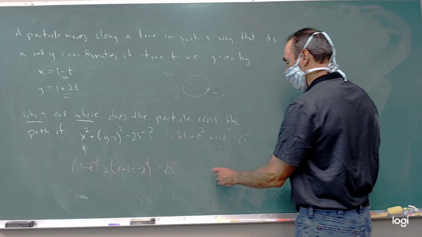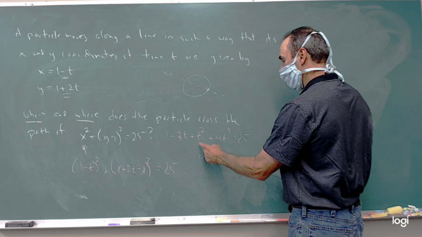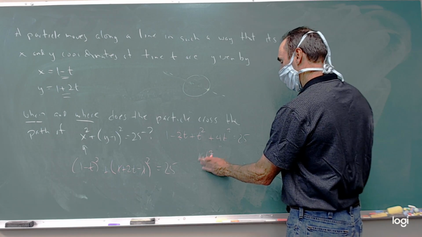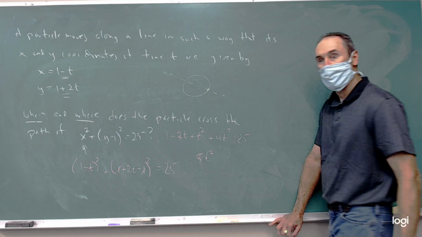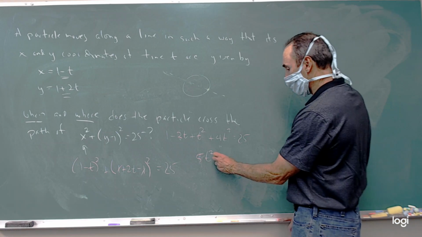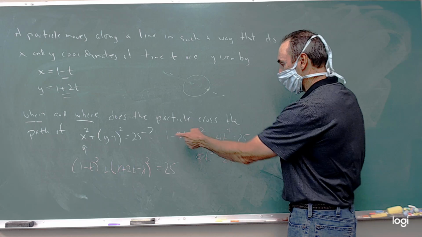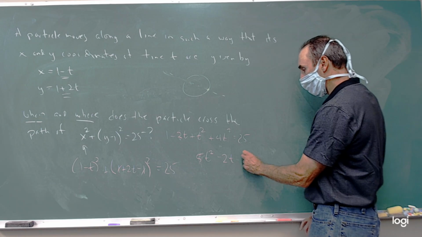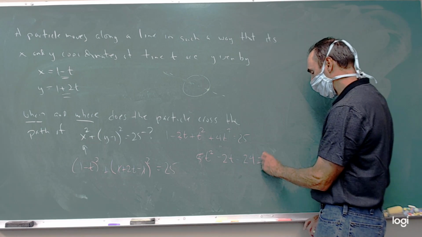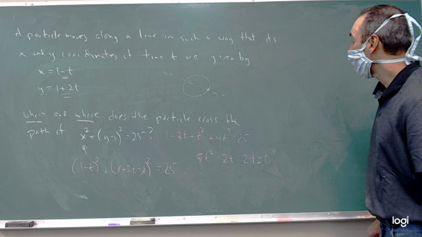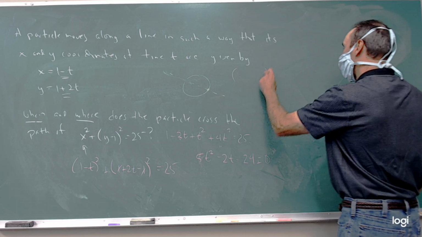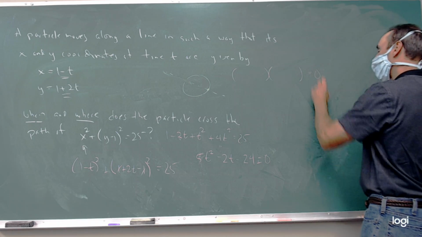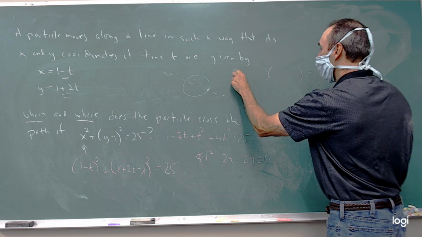Okay, so we've got the 4t squared, that's a keeper. We've got 5t squared actually. And then we've got the minus 2t. Subtract the 25 from the 1, I think that makes it minus 24. I bet that thing factors in this carefully constructed problem. Stalling, giving you time there.